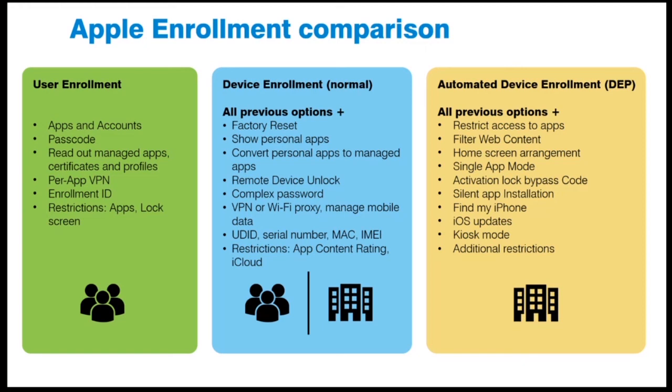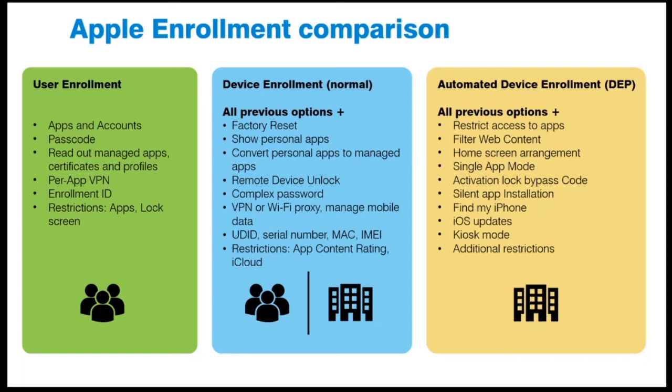And in the middle, we see the device enrollment. Here we have all the previous options from user enrollment, but only with added factory reset. So we can factory reset the whole device there. In user enrollment, we can choose to erase the whole work volume, but not the whole device.